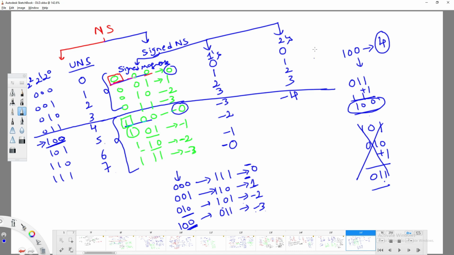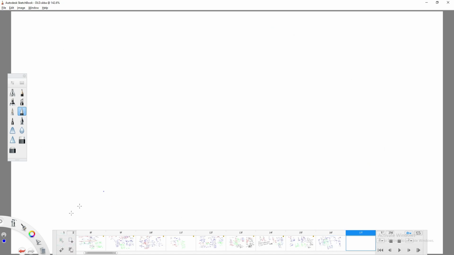Next, if I am going to represent any data with 3 bits, how many values are you going to get? I have a question for you. If I have the number 12 in base 10, how many minimum bits are required in order to represent it? Are 3 bits sufficient?